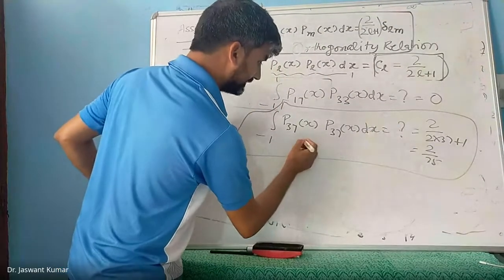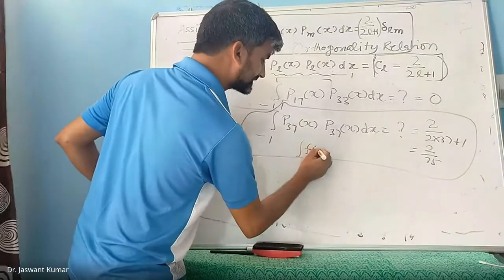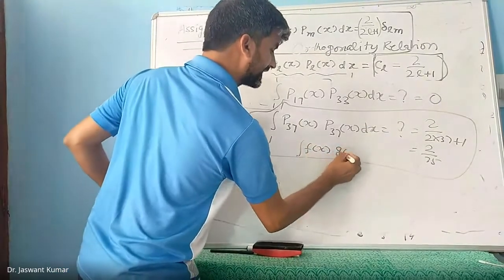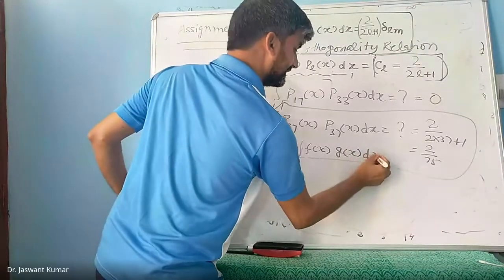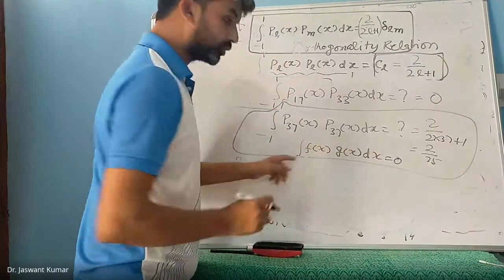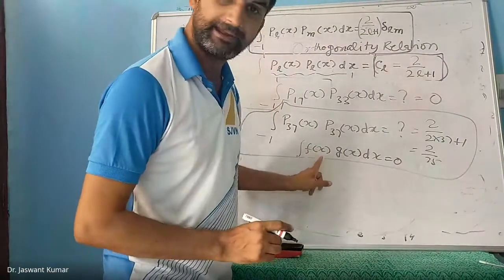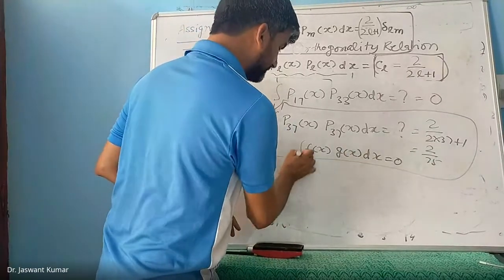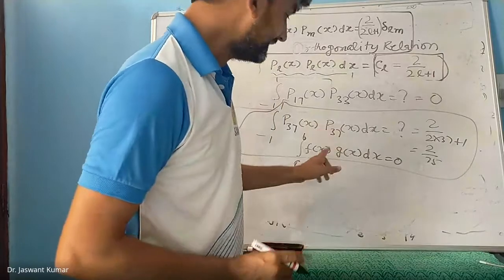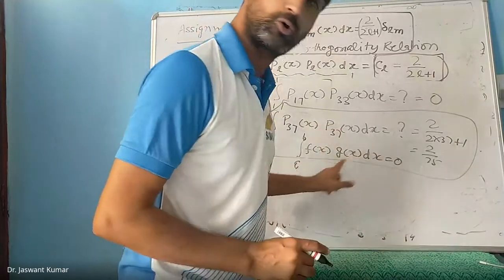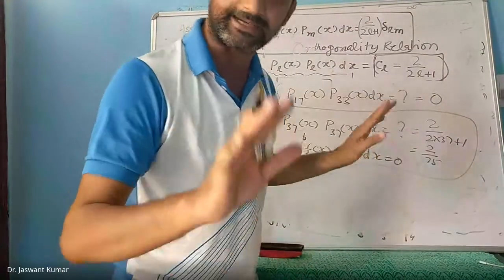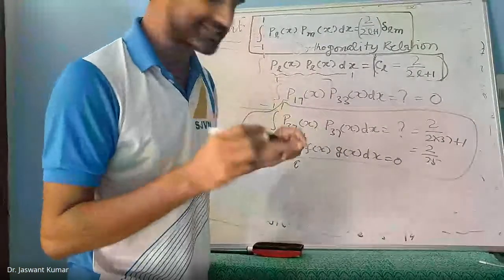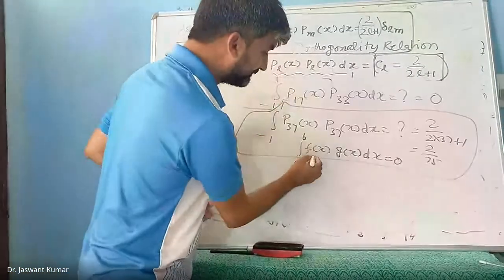So this is like the integral of f(x) g(x) dx equal to 0. If the integral of f(x) g(x) dx is equal to 0 between some limits a and b, then this means they are orthogonal. Now the question is what is the physical meaning of this?